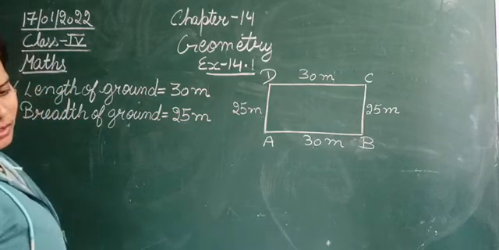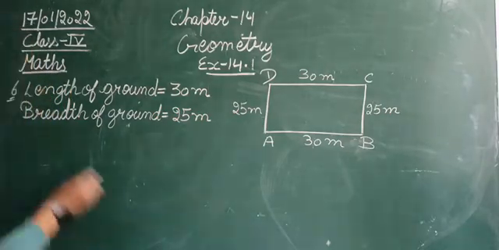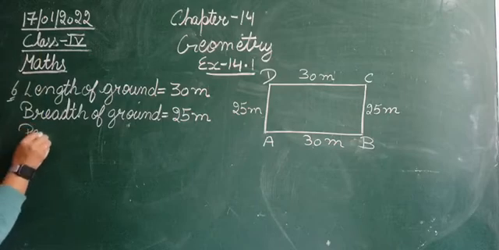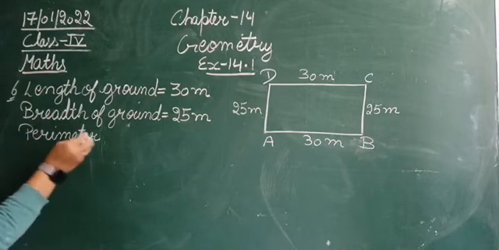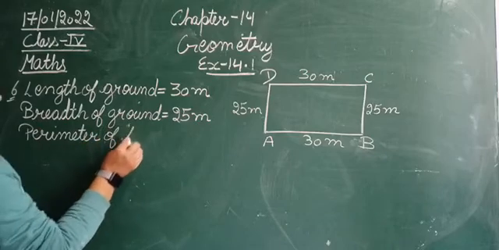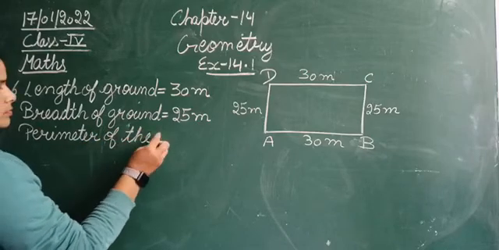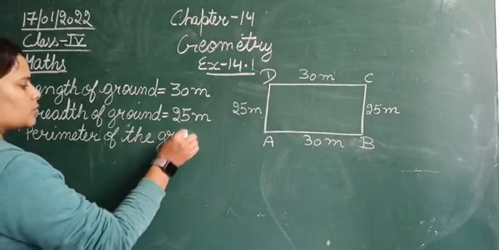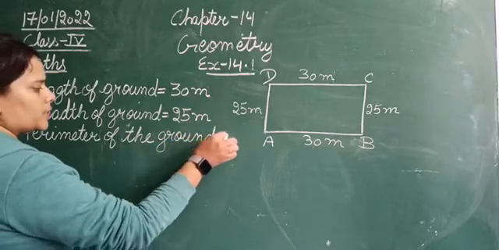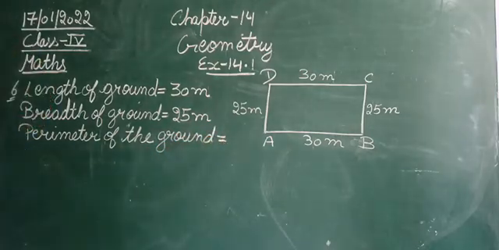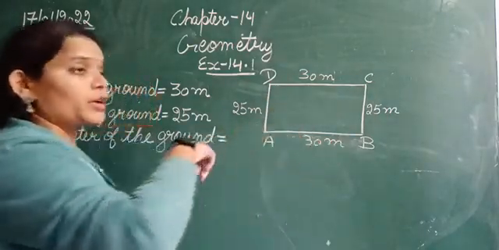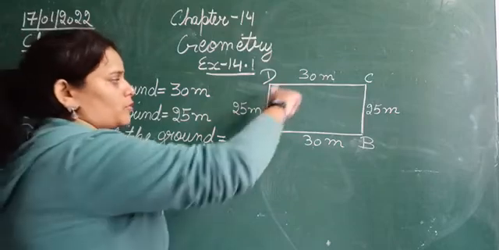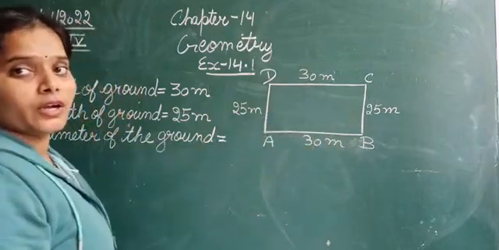We need to find the perimeter of the ground. For that we will add all the four sides, the sum of the measurements of all four sides of this rectangular ground.